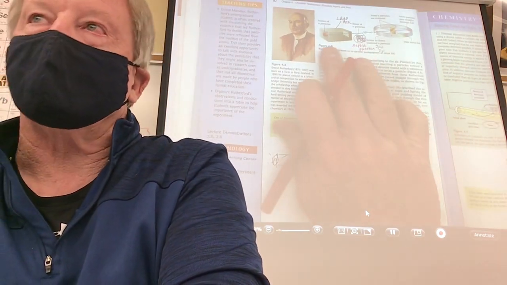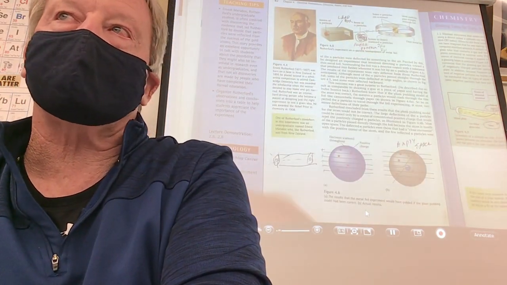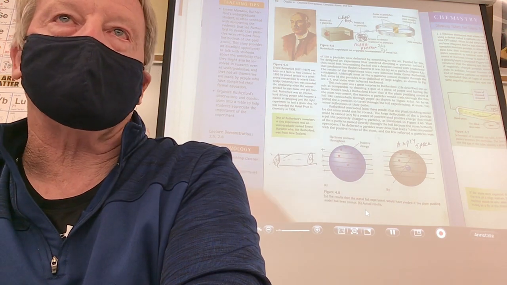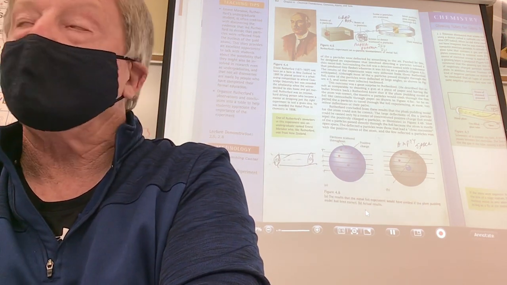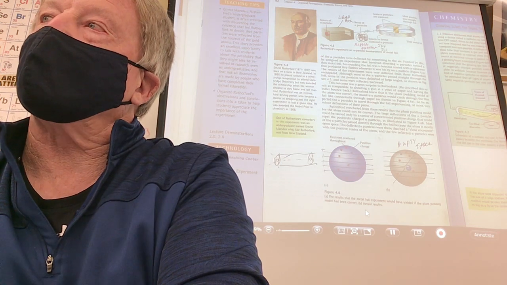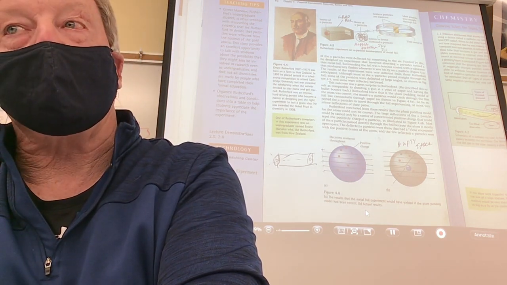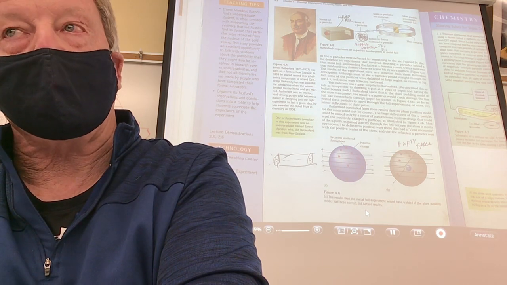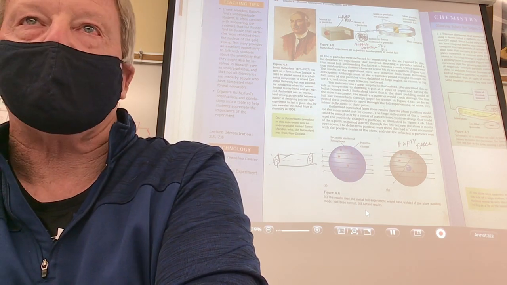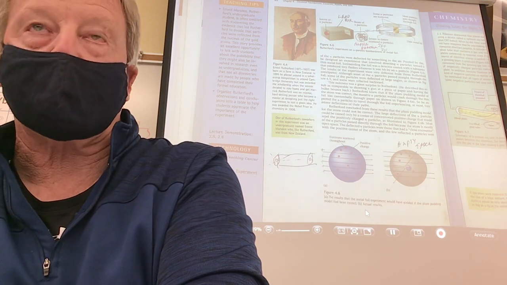Before Rutherford, there were these people, remember the Curies, Madame Curie, Pierre Curie? Okay, even before them, Becquerel, and they had learned about radioactive elements. They learned enough to know that they'd been hurting themselves by being exposed to all this radiation, and they passed that on.